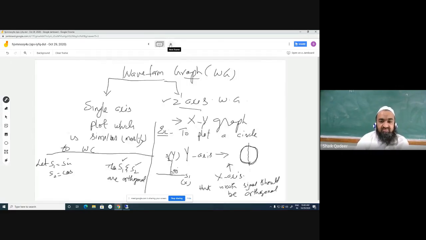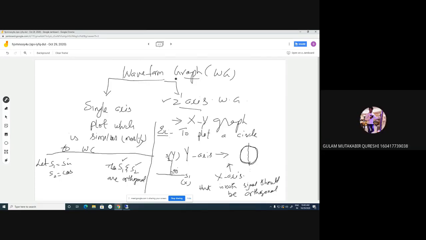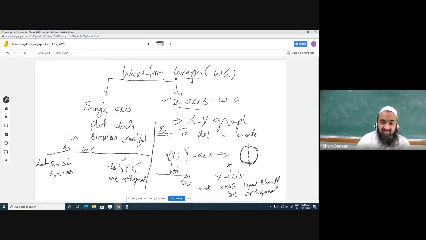Then I move to another part of plotting data called as waveform graph. Just pronounce this, it is WG, it is not WC. Waveform graph. Yeah. The waveform graph comes with two versions. One is single axis version, another one two axis version. The single axis version plot is almost similar to waveform chart.